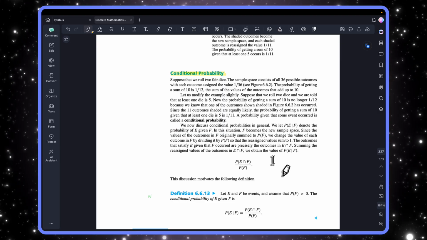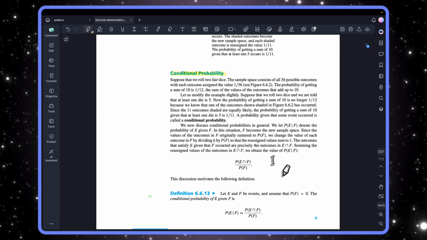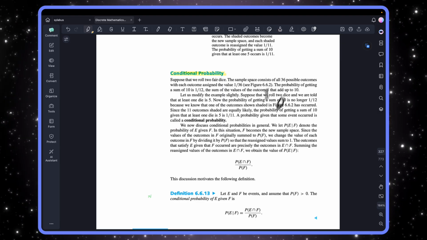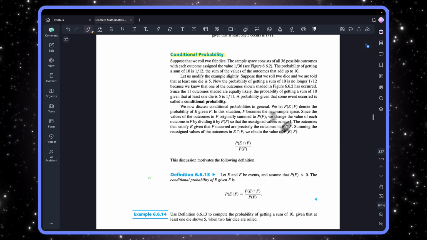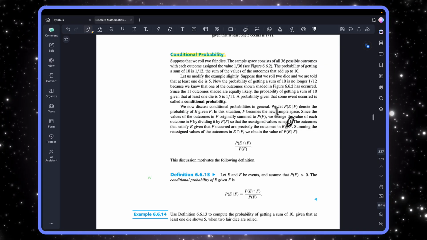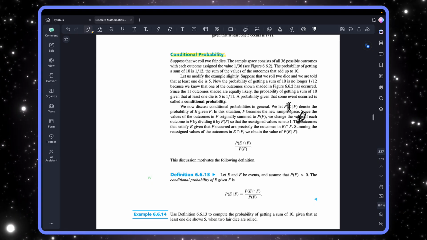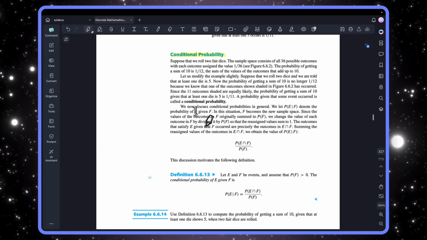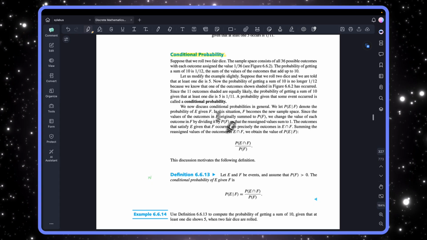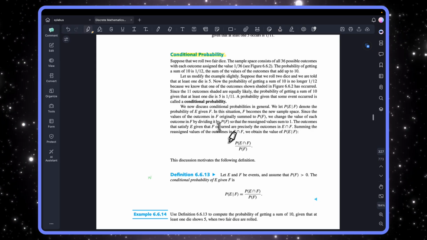So let's suppose that we roll 2 fair dice, and we just went through this example here. Now let's discuss conditional probability in general. We let this symbol, the probability of E given F, denote the probability of E given F. So F is something that we think of as having occurred.